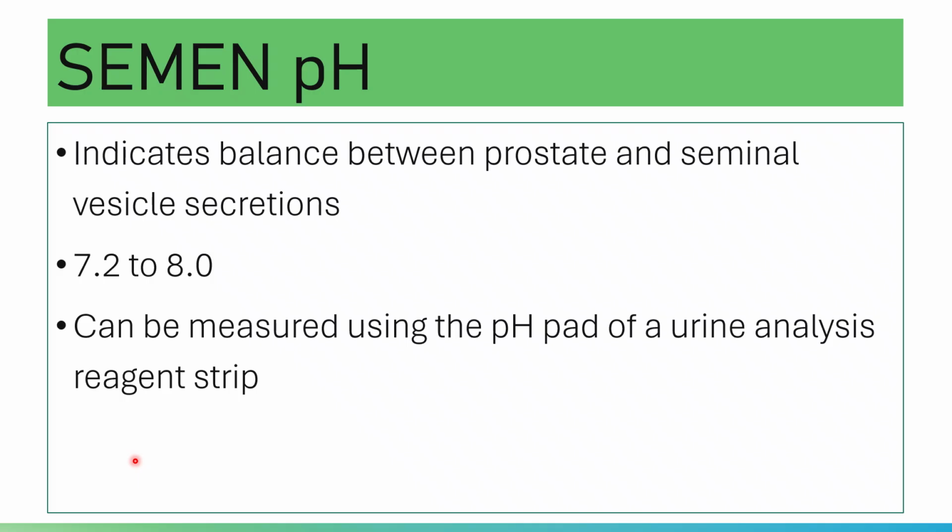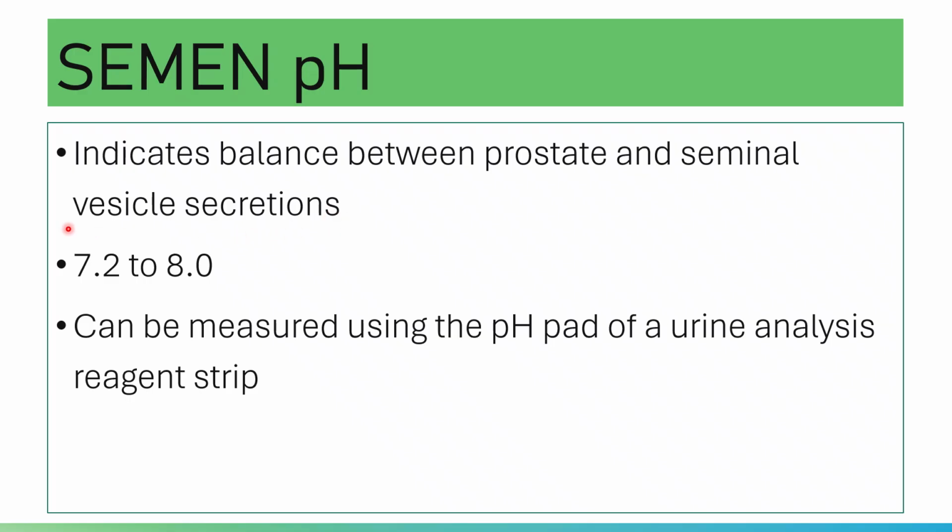Your semen pH indicates the balance between the pH values of the secretions of your prostate and seminal vesicles. The secretions coming from the prostate gland are acidic in nature, while those coming from the seminal vesicles are alkaline in nature.